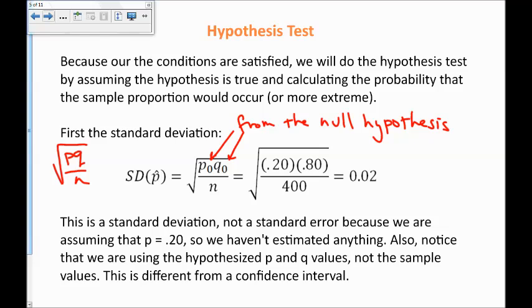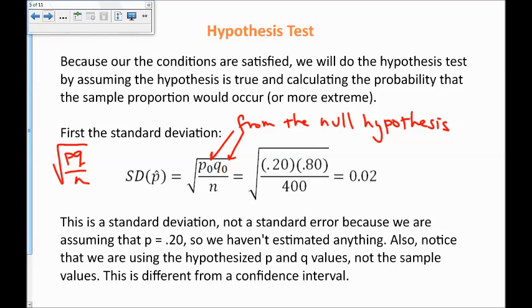I will again point out that this is different from a confidence interval. In a confidence interval, we use p hat and q hat from the sample, but in a hypothesis test, I'm assuming that the p-value is the hypothesized p-value, and all calculations are done using that hypothesized p-value.